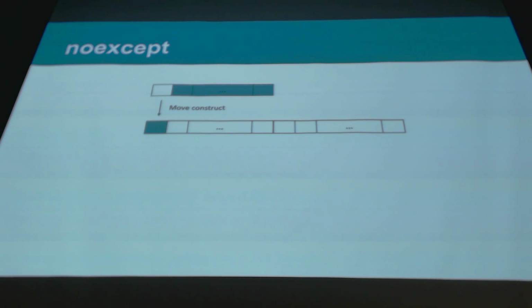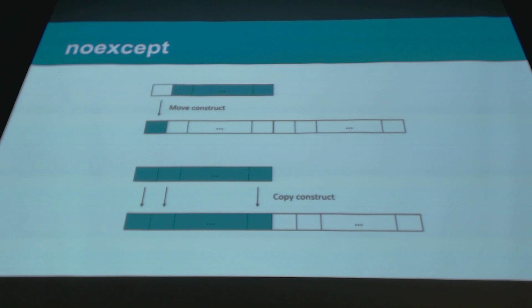And imagine that we are allocating new memory, and then we are trying to move things, and at the 42nd element, the move constructor throws an exception. Then we don't have anything to go back to, right? We could try to move things back to the previous vector, but nobody says that it will not throw again, or what about the element that threw, right?